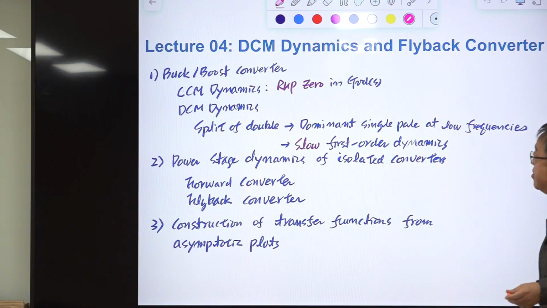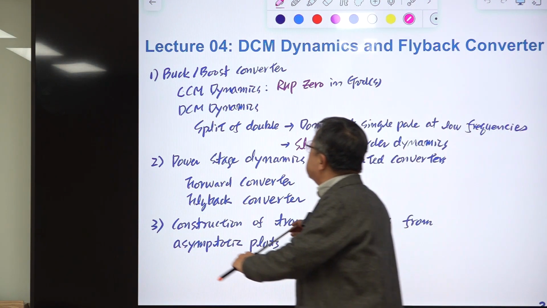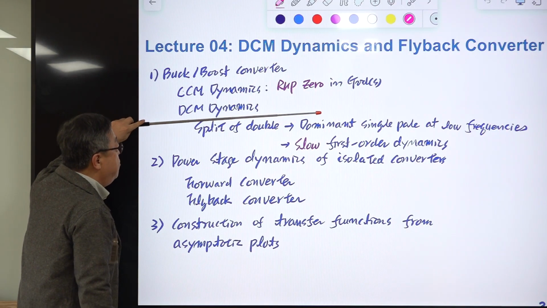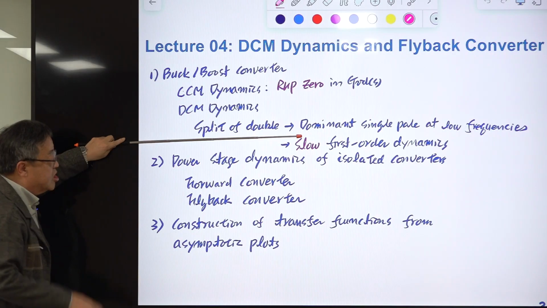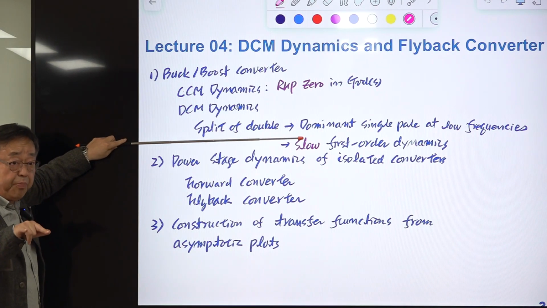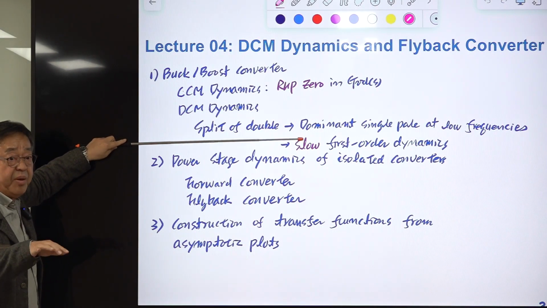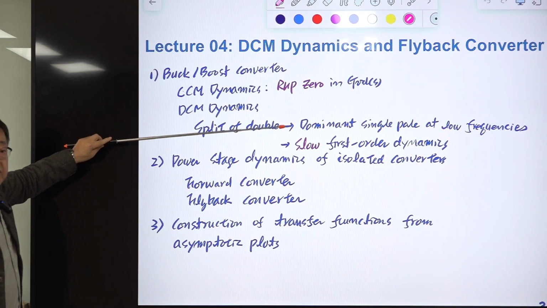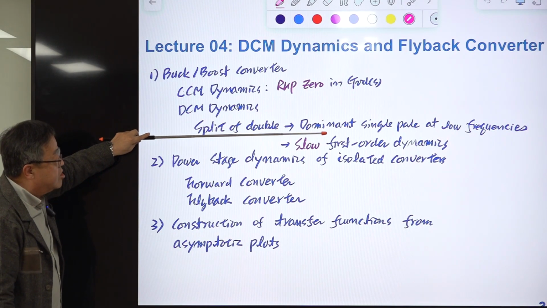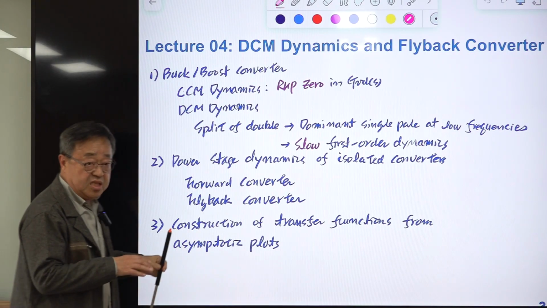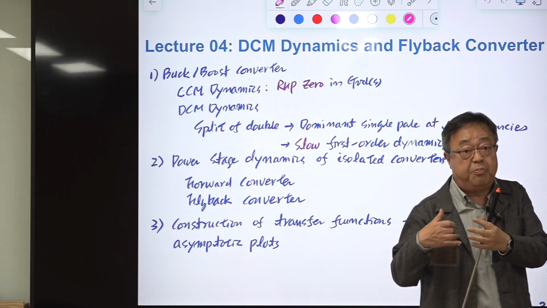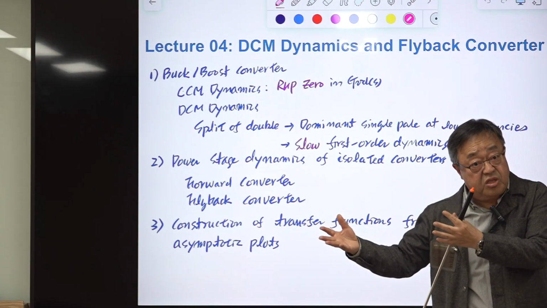The main thing is, as the converter moves from CCM to DCM operation, the power stage double pole splits into two single poles because of the strong damping resistance embedded in the DCM dynamics of the converter. One single pole goes to low frequencies and the other single pole goes to higher frequencies.